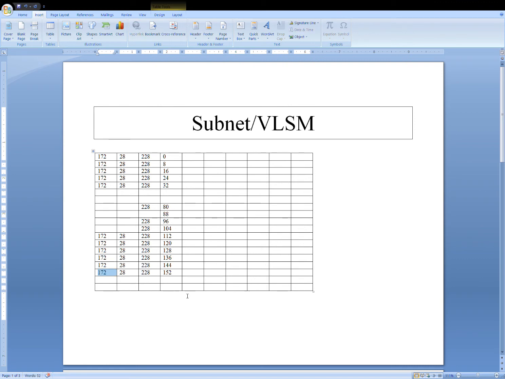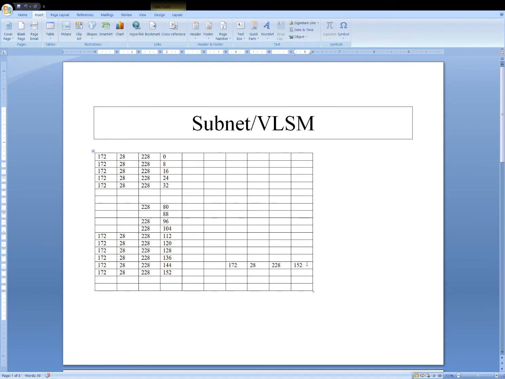I got 144, but I went one more because I had to figure out the broadcast address. And the broadcast address is always the next network minus 1.